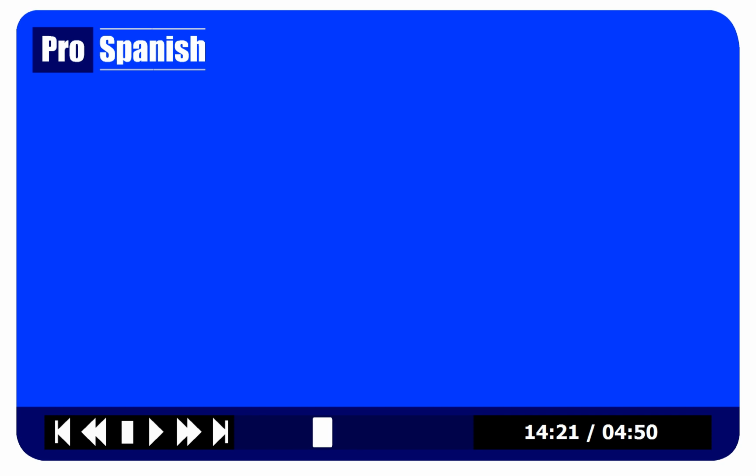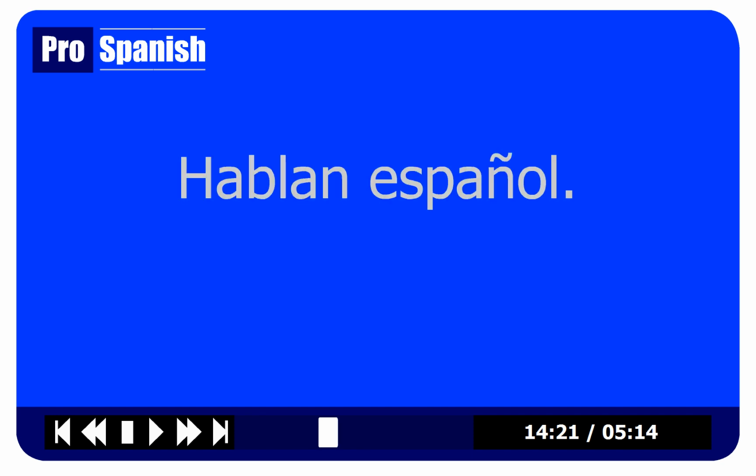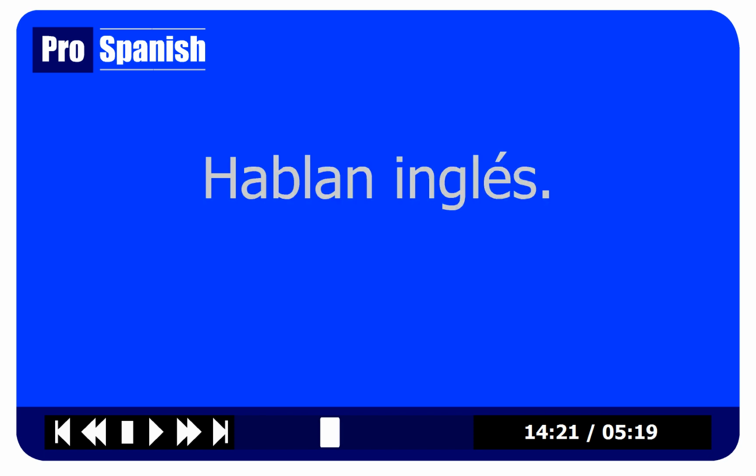So he or she does something is either a if it's AR or e if it's ER or IR. And now when it's they, I'm going to add the letter N, so it's going to be an and en. So they speak Spanish. Hablan español. They speak English. Hablan inglés.